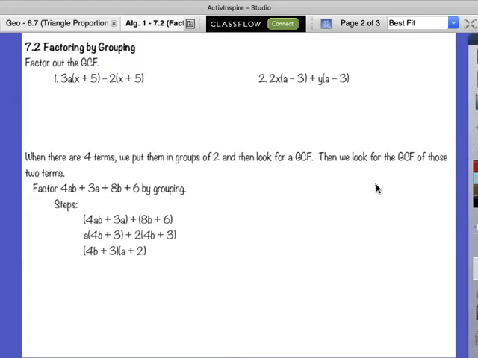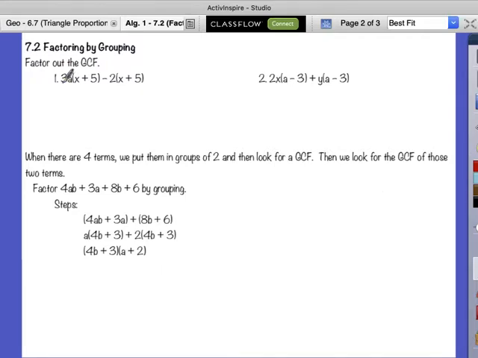So we're going to start off by factoring out a GCF, but we're going to look at it slightly differently. Now, factors are two things that are multiplying together, or things that divide evenly into another number, which means they can multiply together to get to a number.